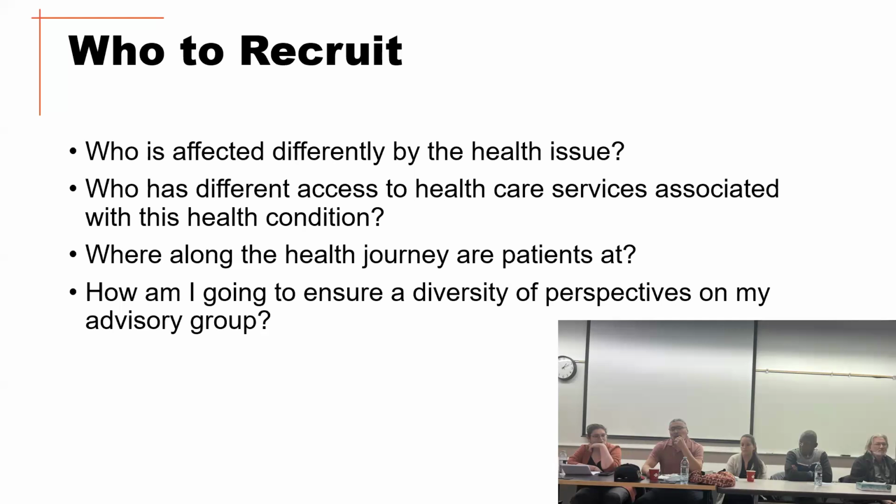So not just thinking about geographical barriers, so thinking about urban and rural and remote, but also thinking about systemic barriers such as facing transphobia, racism, colonialism, ableism, sexism, all of those different barriers that people might face, and making sure that you have a diversity of perspectives around the table who can speak to that.